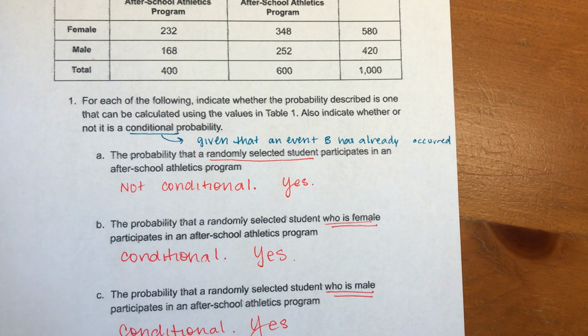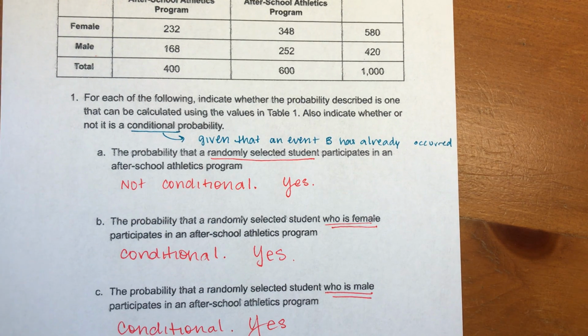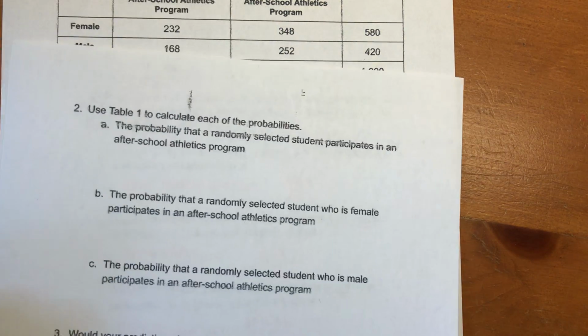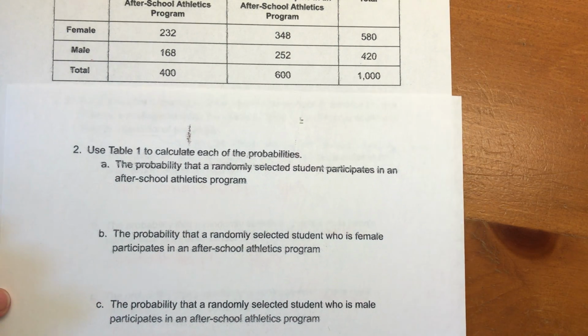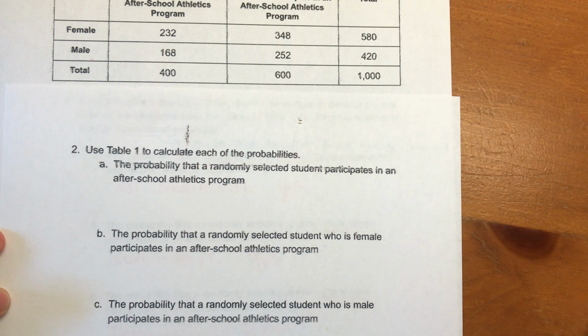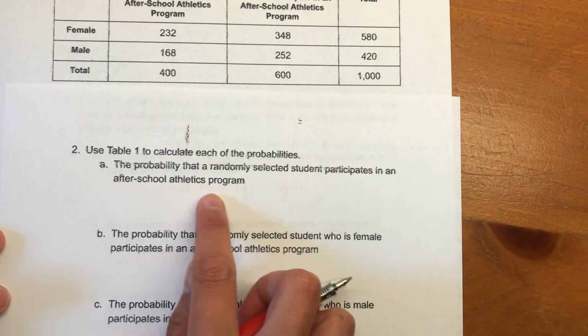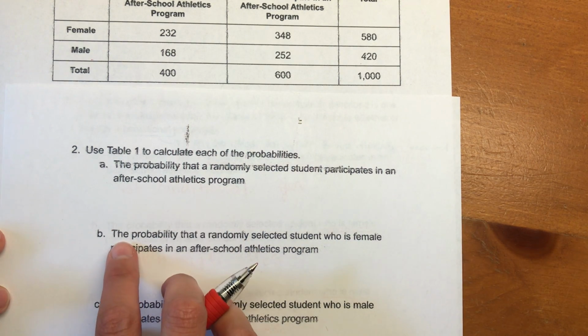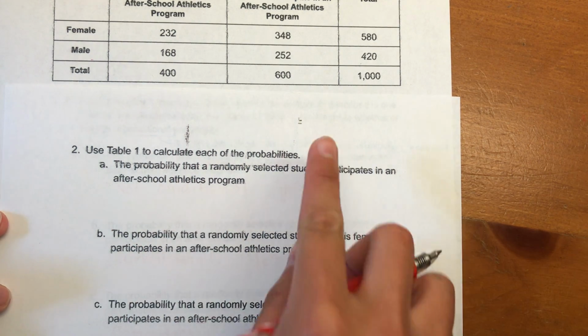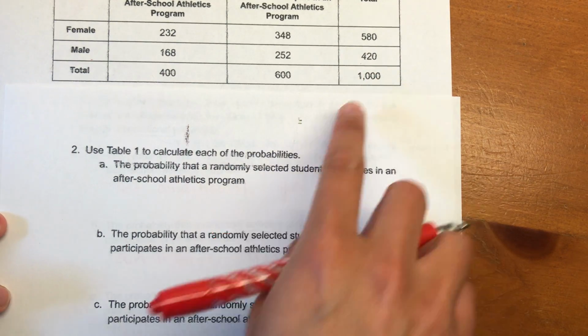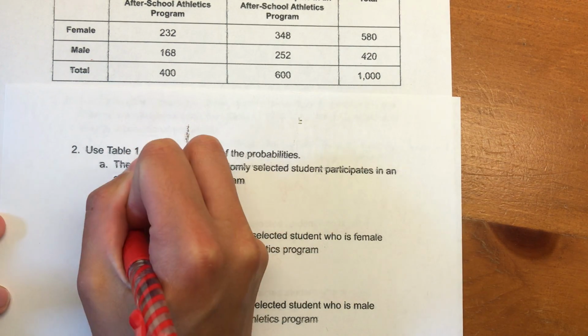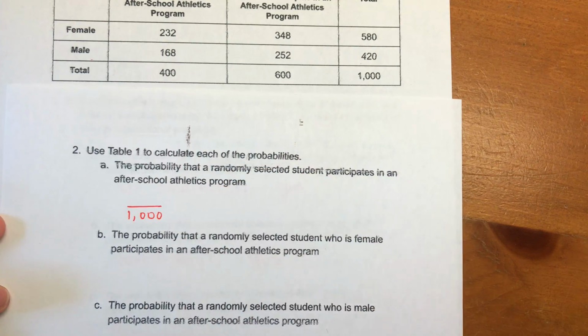Okay, so now that we've done part 1, part 2 is going to be to actually calculate these probabilities. Use Table 1 to calculate the probabilities. They're the same ones that we just did. The probability that a randomly selected student participates in an after-school athletics program. That's going to be not conditional, so it's going to have a denominator of the entire population, which is 1,000.